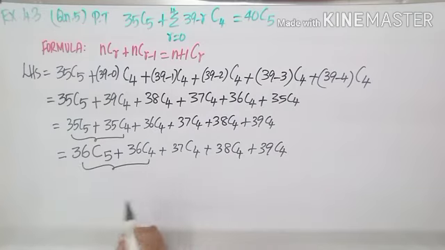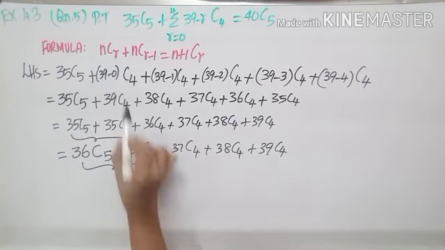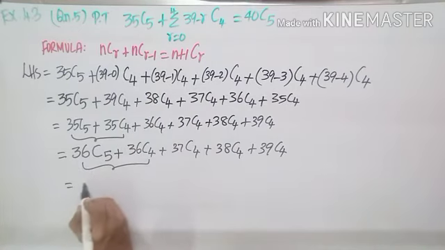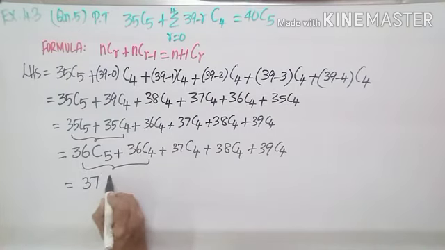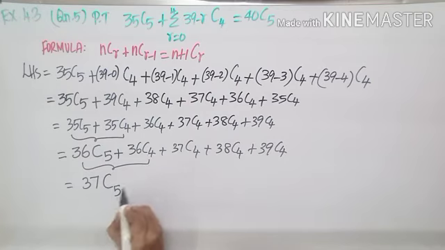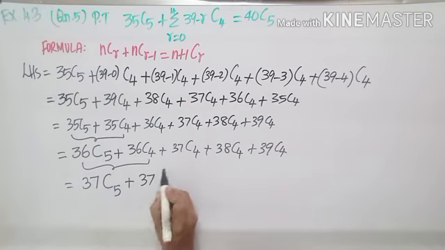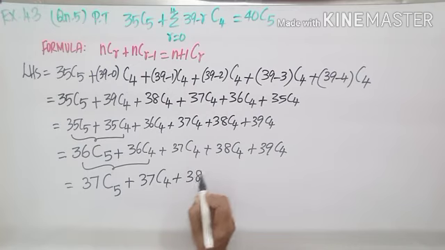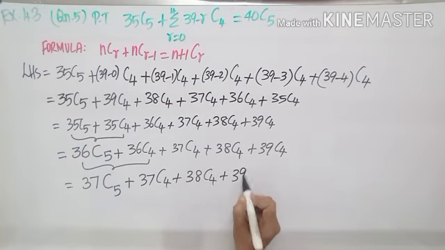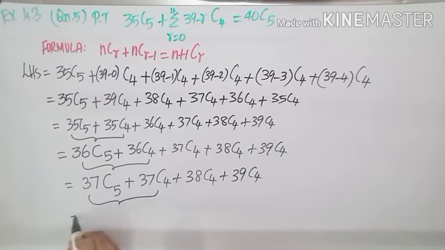Combining these two. 36, 36. Again use the same formula. It will become 37C, 5 and 4, bigger number 5, plus 37C4, 38C4, 39C4.